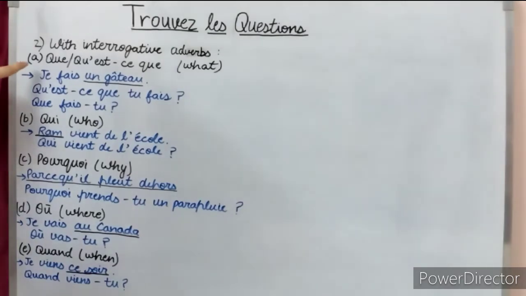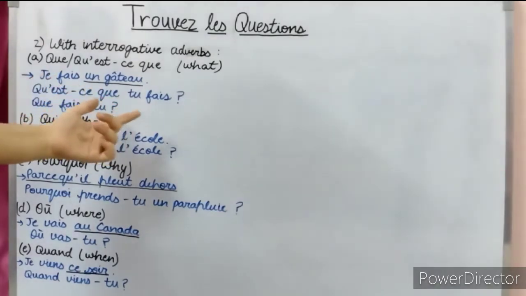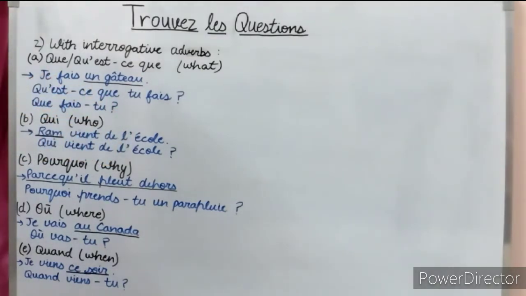If you make the question with qu'est-ce que, then you simply write it without any inversion. So you'll write simply qu'est-ce que tu fais? And with que you do inversion, and you write que fais-tu? What do you make? Both questions are correct for this answer.